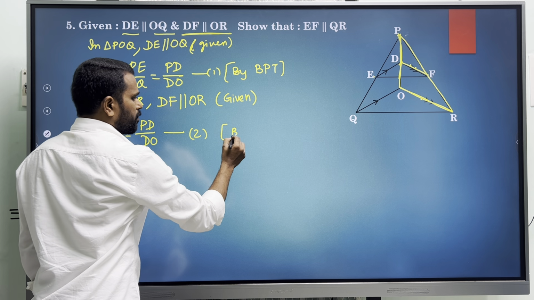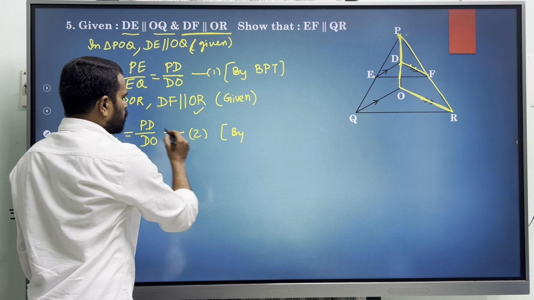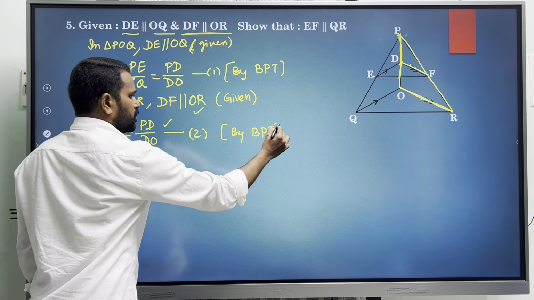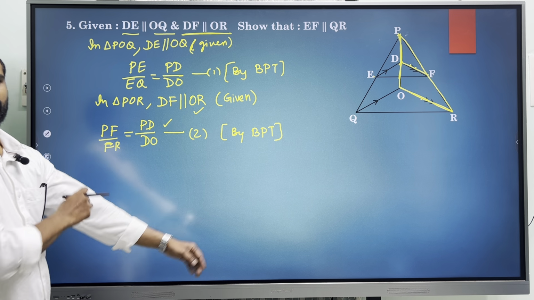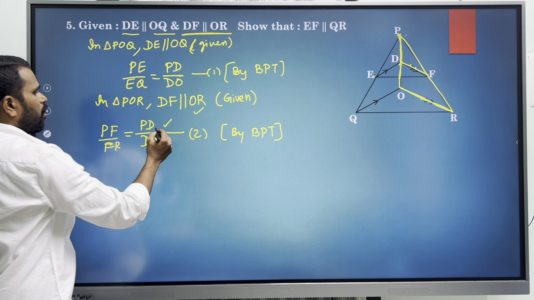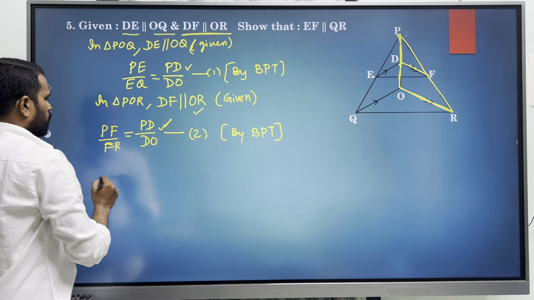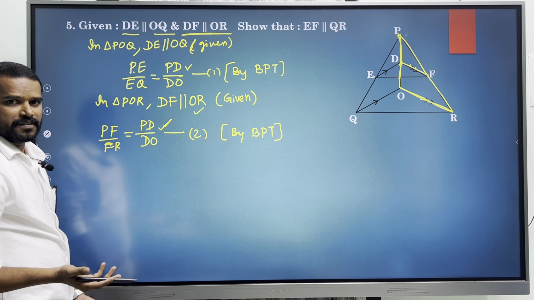This is also by BPT, right? This is parallel, so they should be in the same ratio by BPT. Now from 1 and 2, RHS is the same, right? PD by DO, PD by DO. So LHS should be the same, right?